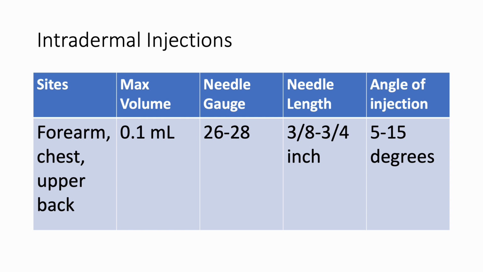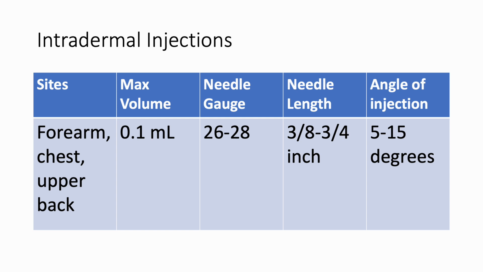So, about intradermal injections, medications given into the dermis are going to be given intradermally, okay, into the layer of skin that's located directly beneath the skin surface. The intradermal route is commonly used for allergy testing or tuberculosis testing, okay.